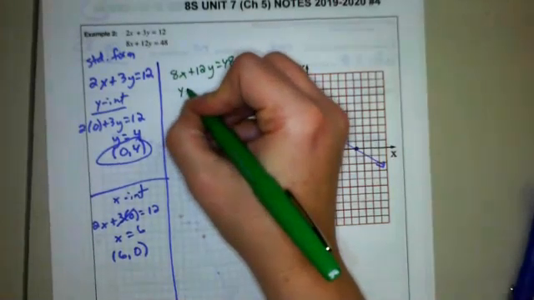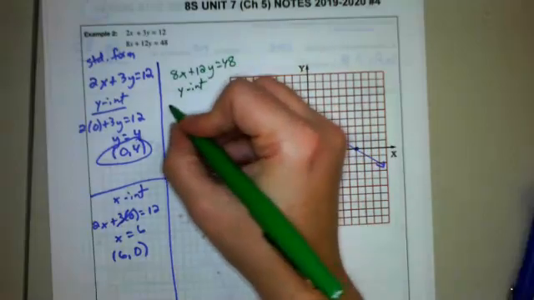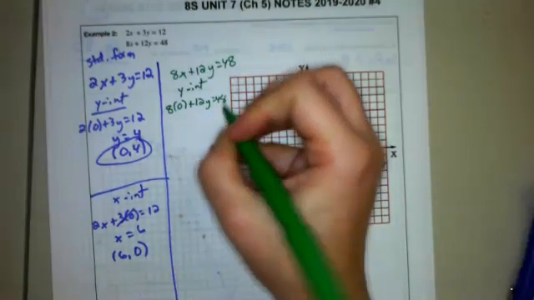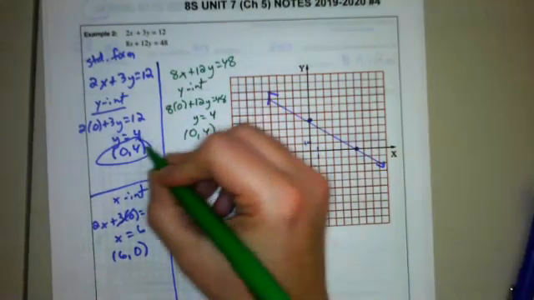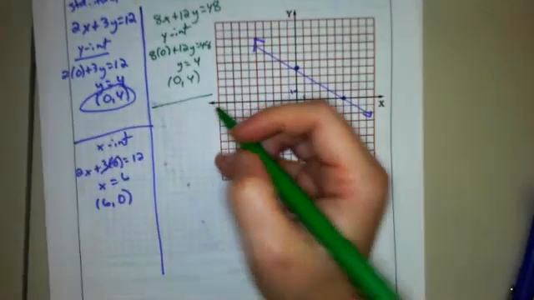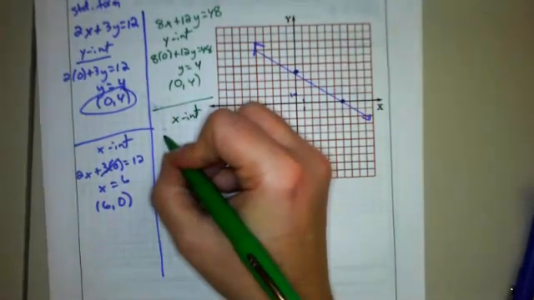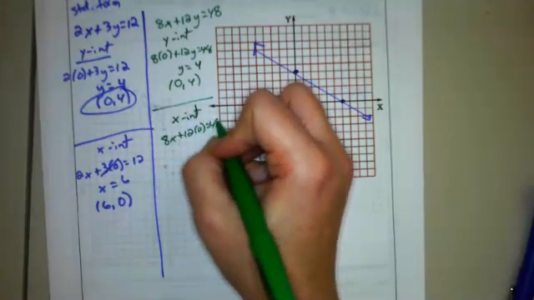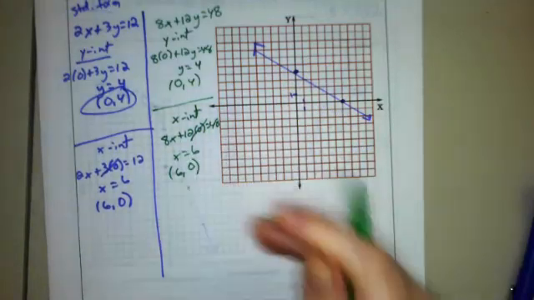My y-intercept: 8 times 0 plus 12y equals 48, so y equals 4. Oh, look at that, I have the same y-intercept. Then my x-intercept: 8x plus 12 times 0 equals 48, so x equals 6. Look at that.